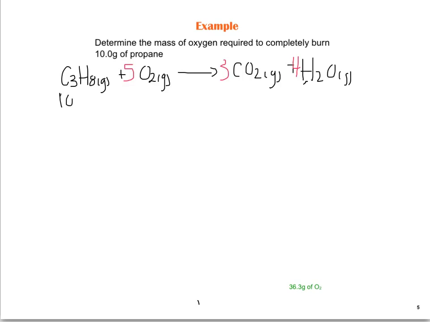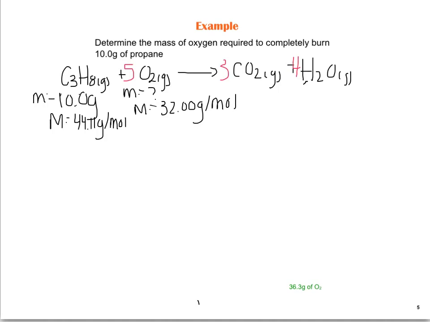We have 10 grams of propane, and it has a molar mass of 44.11 grams per mole. And we're looking for the mass of oxygen gas, which has a molar mass of 32.00 grams per mole.